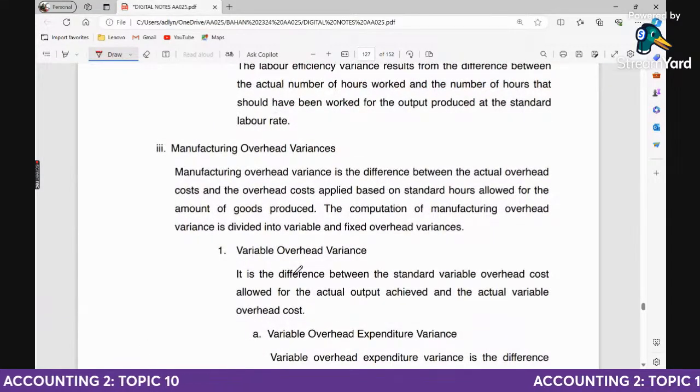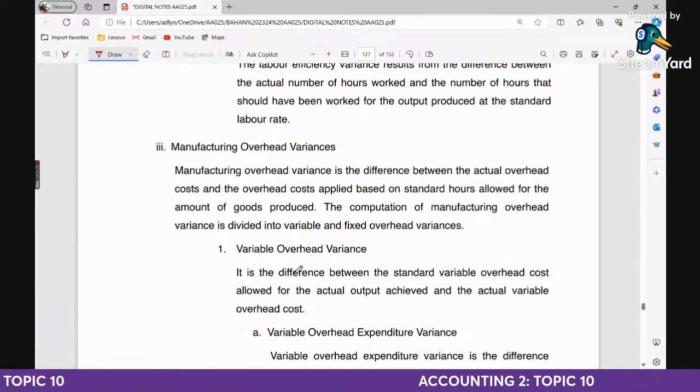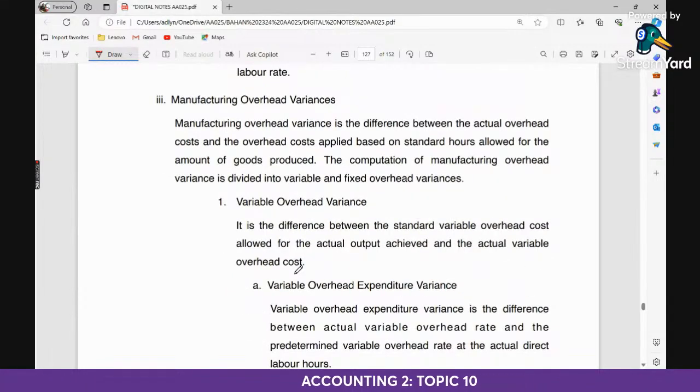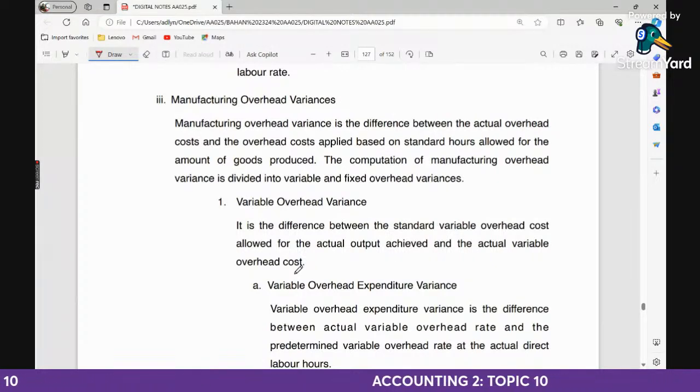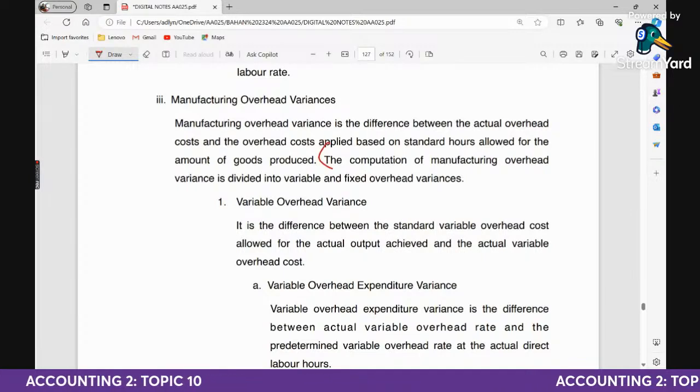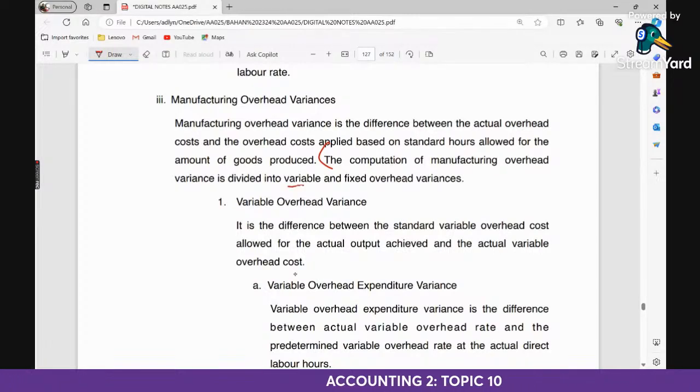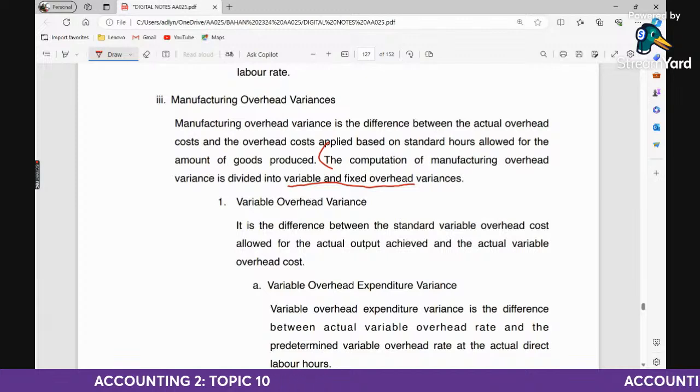Okay, untuk manufacturing overhead variance, so manufacturing overhead variance ni difference antara actual overhead cost dengan overhead cost that is applied based on the standard hours allowed for the amount of the goods produced. Okay, the computation of manufacturing overhead variance is divided, yang ni saya bagi tahu tadi, divided into variable and also fixed.